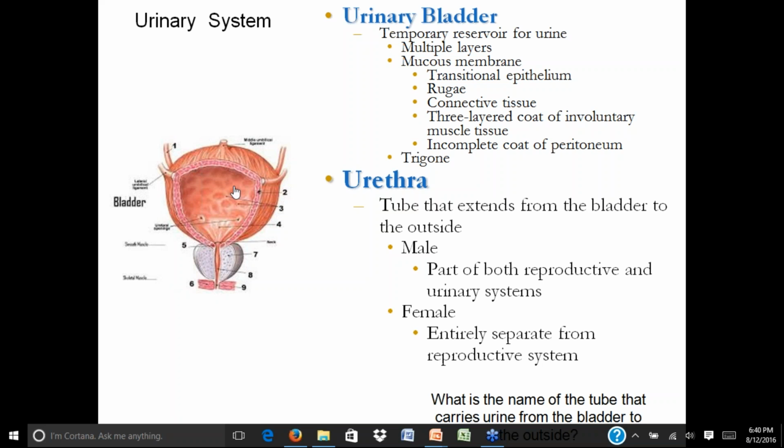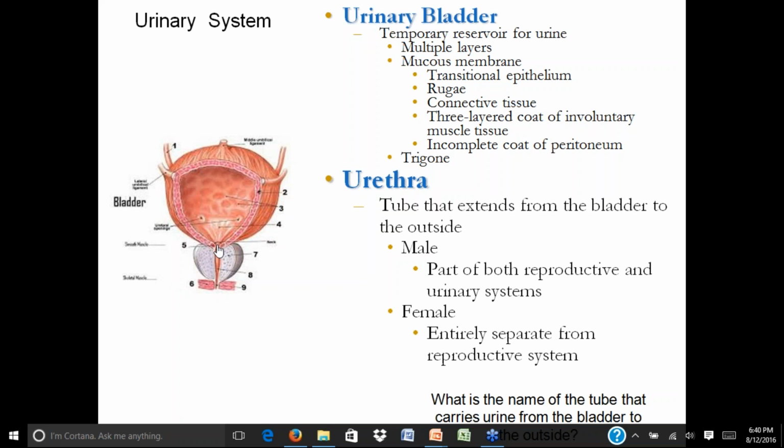And the thing is that in the urethra, at the exit of the urinary bladder, we actually have sphincters. We have internal and external sphincters, and those sphincters are actually striated muscle. So you can control those sphincters.